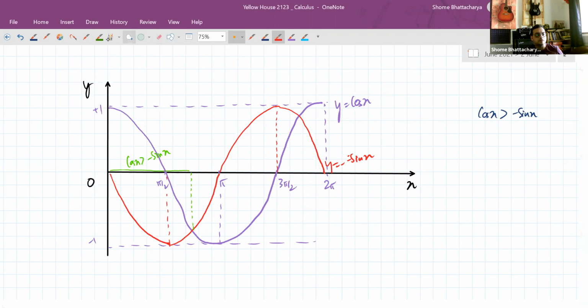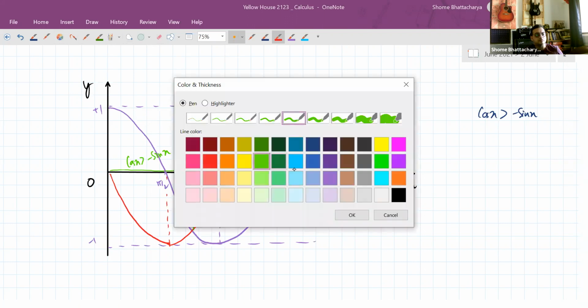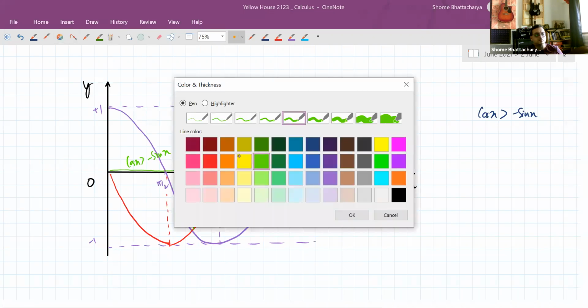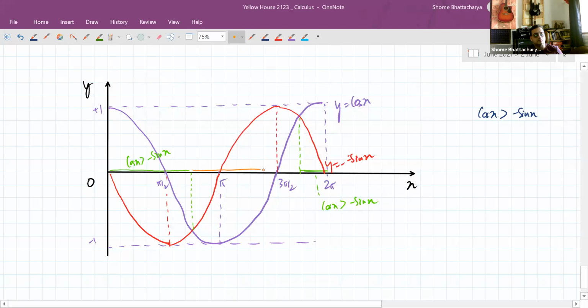And then another region where that is happening is here. In this region, again, cos x is greater than minus sin x. Whereas in this entire region in between, cos x is actually less than minus sin x.